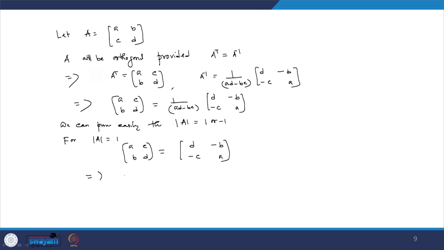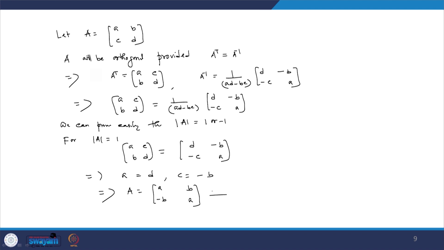So, this implies a equals d, c equals minus b. So, your matrix A will be [a, b; minus b, a]. So, this is one possibility.